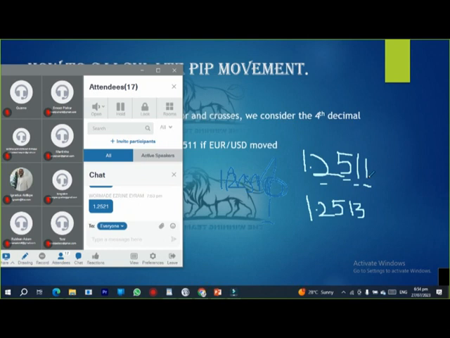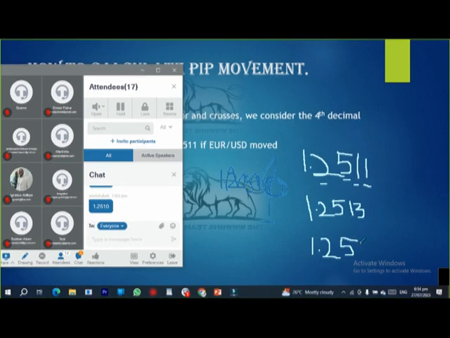If we add the 10 to the last fourth decimal place, that will give us 11. So you just pick one, you add it to this, and that will give us 1.2521. That is it.